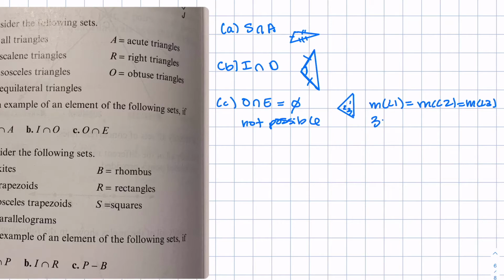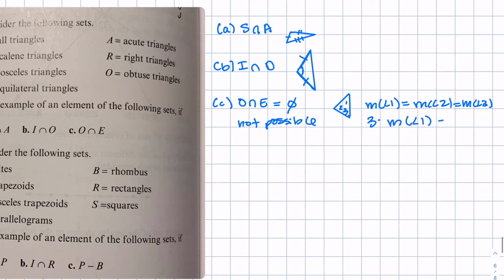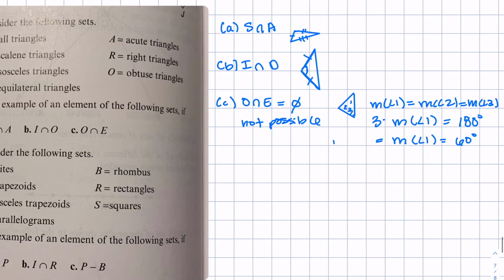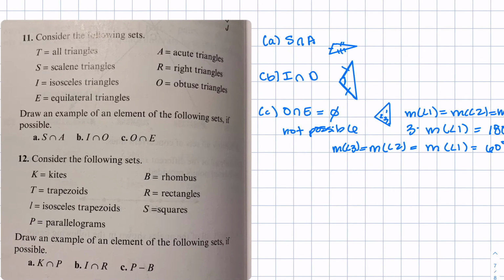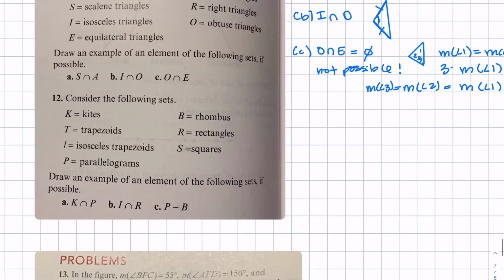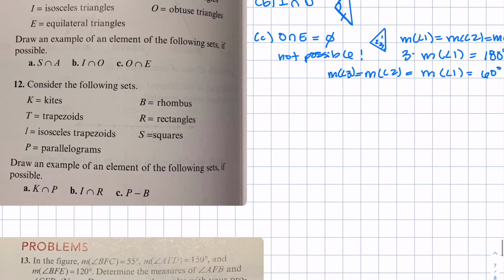That means 3 times the measure of angle 1 has to be 180 degrees, or 3 times the measure of angle 2, or 3 times the measure of angle 3, right? So that means each one of these angles has to be 60 degrees. And so none of them can be larger than 90, okay? Great.